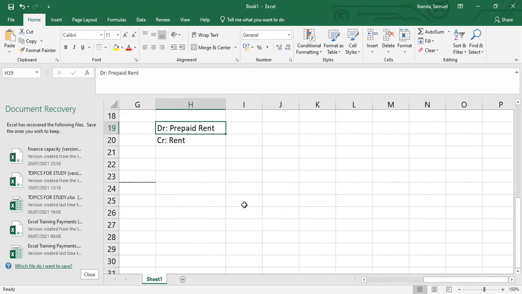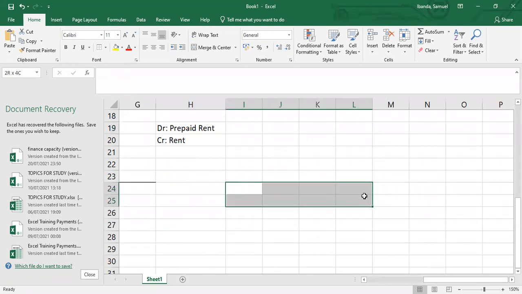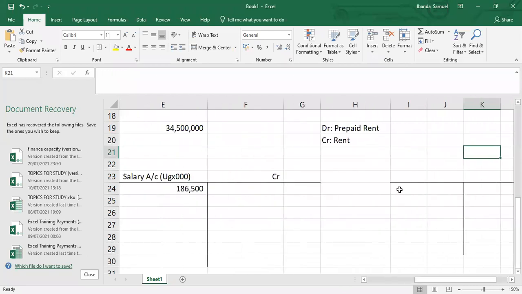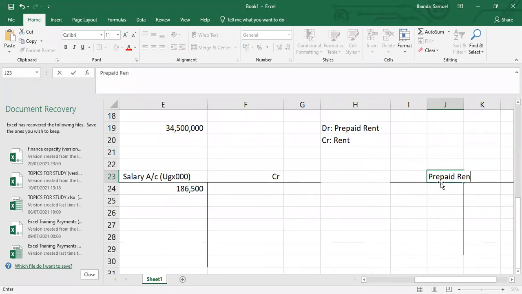So I'll open up my other account for prepaid salary. So we are going to debit. Sorry, this is salary, not prepaid rent. This is salary in this case.